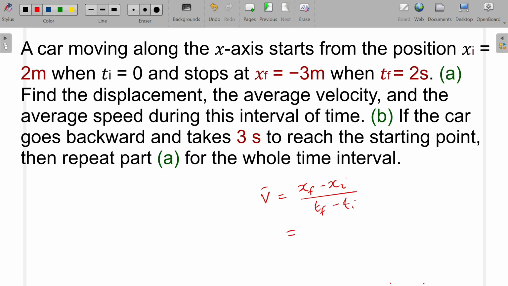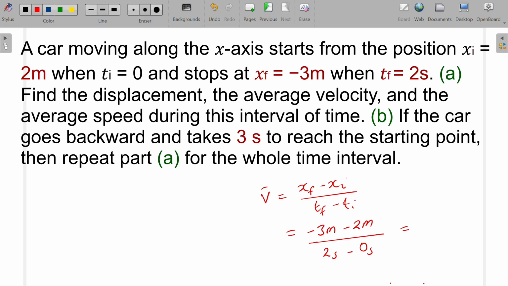So replacing with what we have there, our x final is minus 3 meters, and then minus 2 meters, because 2 meters is our initial position. Then this will be divided by t final, 2 seconds, subtracted by 0 seconds, because our initial time is 0 seconds.